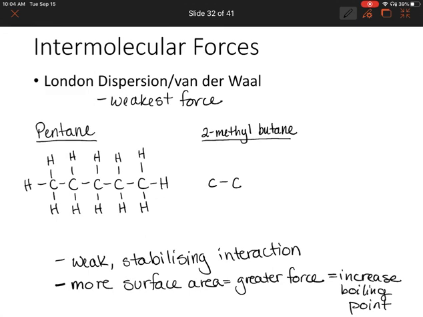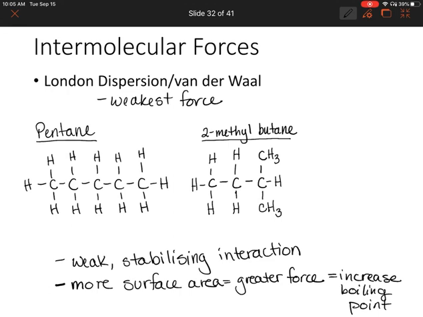So we have 3 carbons there, and then I'm just going to write CH3 for these 2 carbons kind of coming off of the end. So each of those carbons that are branched out, they have 3 hydrogens attached to them. But just to save space, I'm going to write it that way. Okay, so 2-methylbutane has a branched carbon, so there's a branch of carbon coming off.